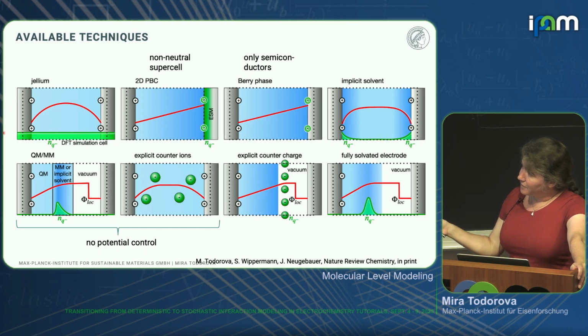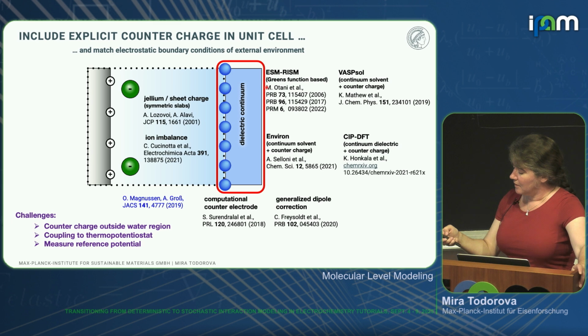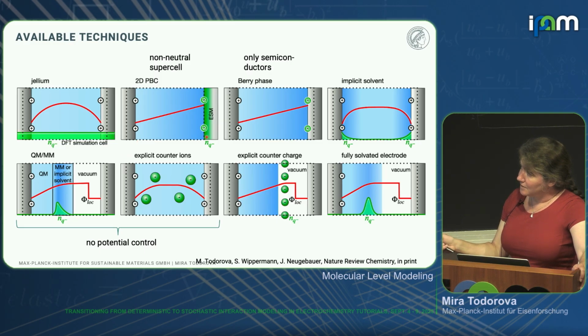If you have 2D periodic boundary conditions, which applies to the case of Otani's methods, where he simply removed the periodic boundary conditions in one direction, then you have such a potential drop, so one that we would actually be interested in, but you have a non-neutral supercell.